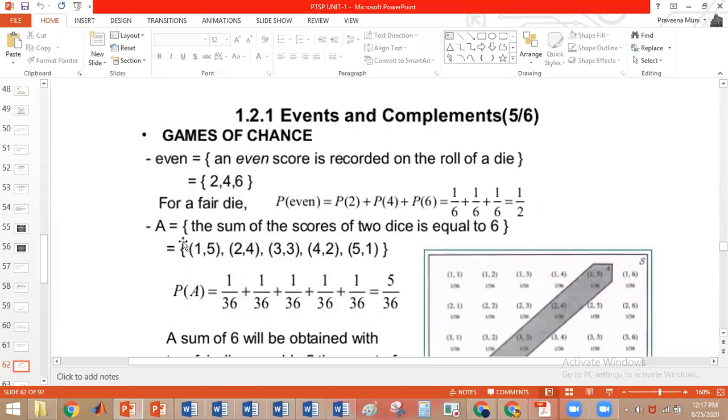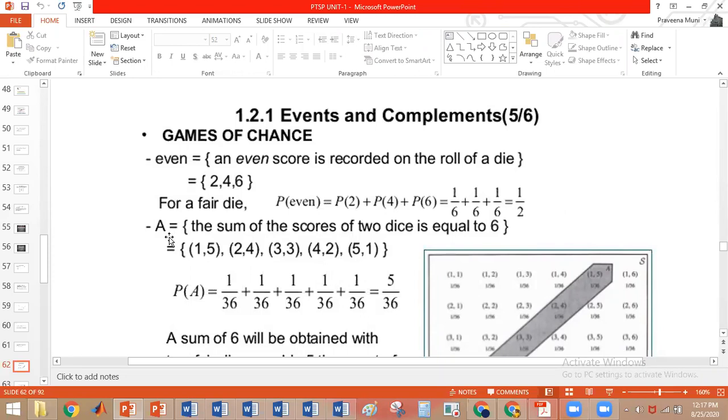Similarly, when we throw two dice, what is event A? Event A is that the sum of the scores on the two dice is equal to 6. When you throw two dice and add the two values, we should get a sum equal to 6.